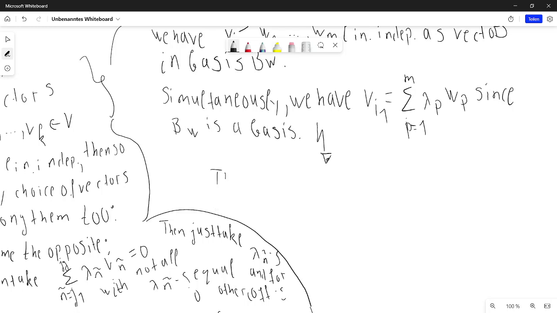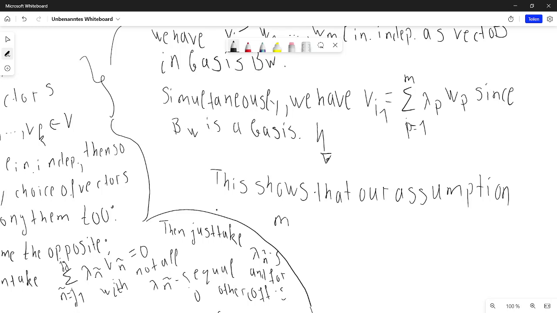This shows that our assumption that m is smaller than n is wrong, since it allowed, of course, usually you don't spell it out, you just see that the conclusions from some premise don't work, and you conclude that there's a contradiction, then you conclude that the premise was wrong, right?